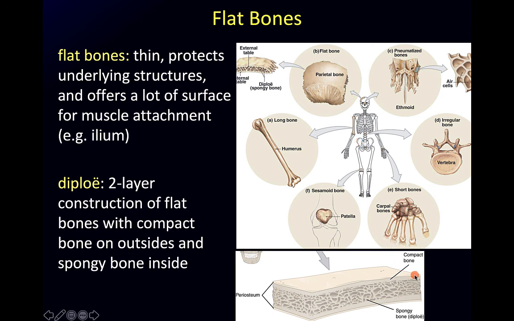So if we take a look at some of this, you'll see a sandwich. Compact bone on the outside with periosteum on the outside of that. Compact bone here, this is going to be, say, the inside of our skull with periosteum on the outside of that, which would be actually facing towards our brain in this case. And then we have this spongy or cancellous bone as kind of the filling to the sandwich. So this is our diploe.